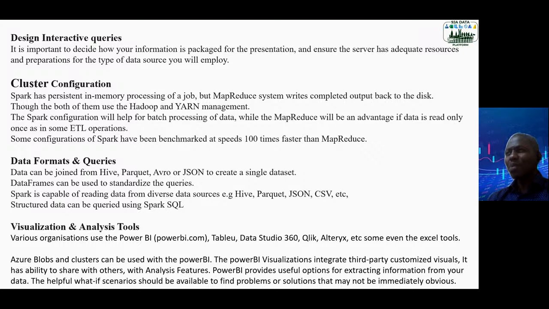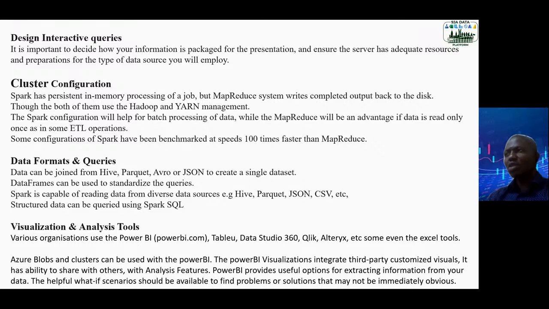Spark has persistent in-memory processing of a job, but the MapReduce system writes the complete output back to the disk. Spark takes the data into memory and processes it, but MapReduce just copies straight to disk.